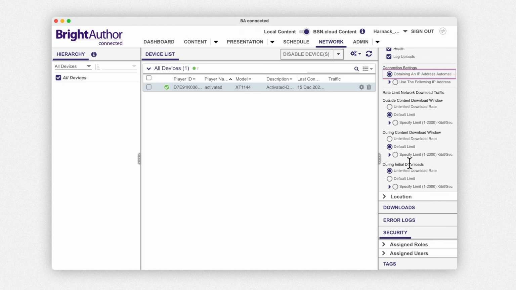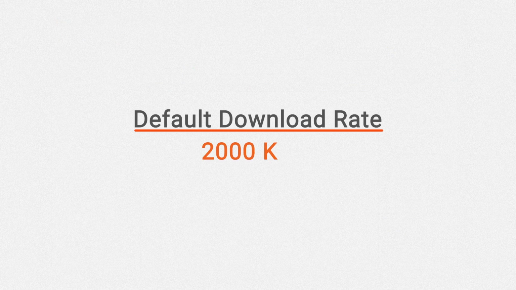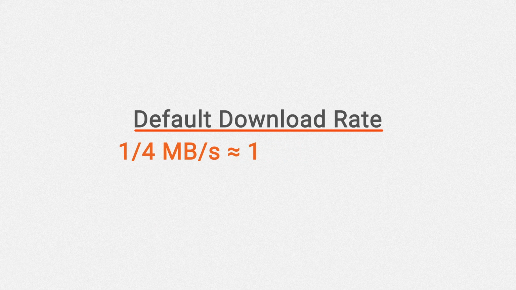That will allow first-time presentations to be published to players without being throttled, but subsequent updates like playlists and feeds to be limited. For all you data nerds out there, the default rate is 2000 kilobits per second, which is equal to a quarter megabyte per second, or about one high-res JPEG photo per second.